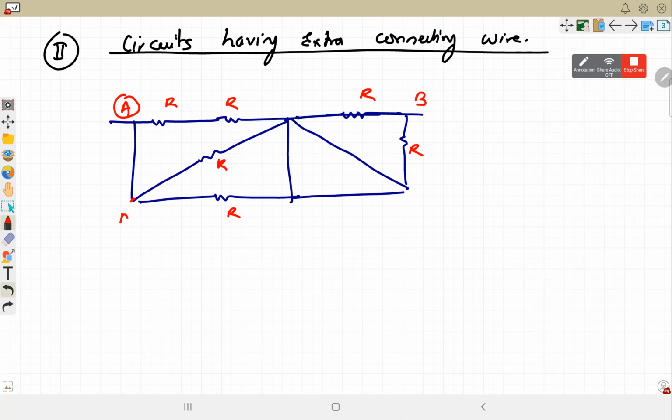So points which are connected together by wires are at same potential. B is not connected anywhere by the wire, but these points are connected together. One is connected here also. If there is no resistor in between, potential difference will be zero. Potential difference is zero means they can be considered the same point, same potential. Same potential means there will not be any current in between them.